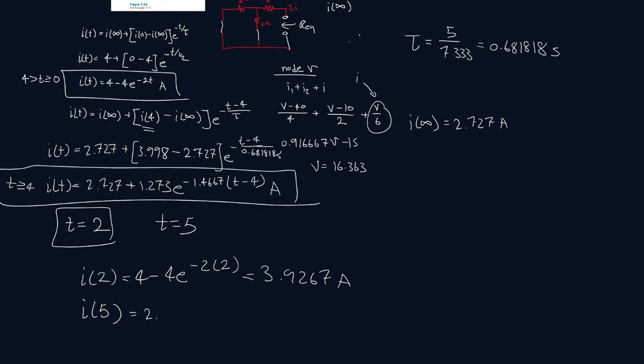So it's 2.727 plus 1.273 e to the power of minus 1.4667 times (5 minus 4). And let me see what that gives me. Okay, I get 3.0206 amps. And those are your final answers.